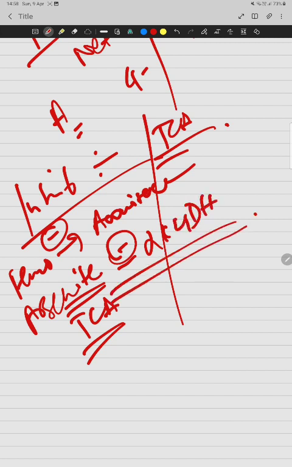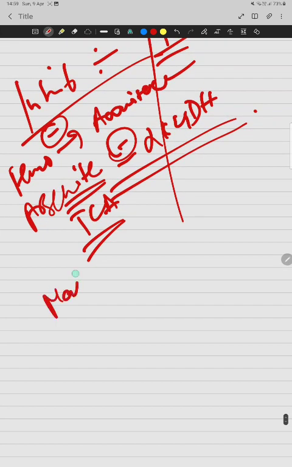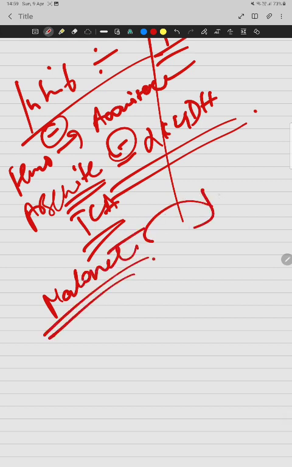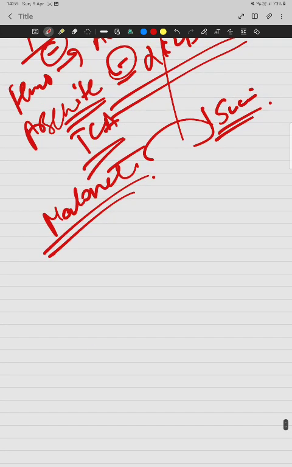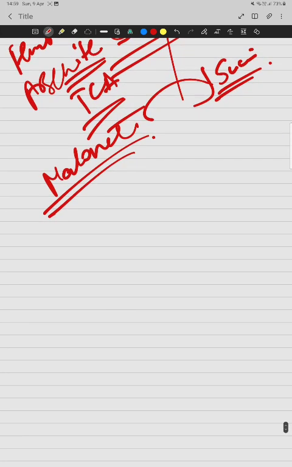You got the point, right? So next, coming to your malonate. Malonate inhibits succinate dehydrogenase. This we will again deal with in the enzymes chapter also, the competitive, non-competitive inhibition part. So this is very, very important.